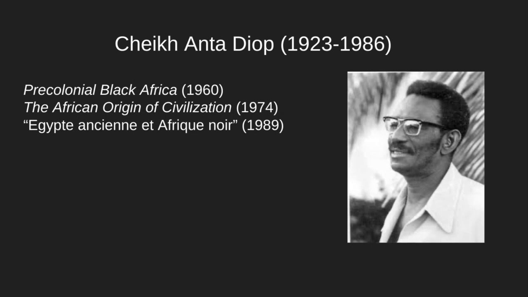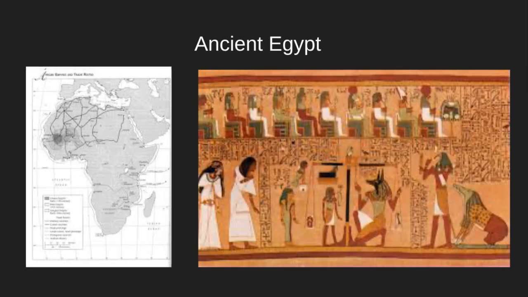The biggest university in Senegal, in Dakar, is named after him, Sheikh Anta Diop University. He was a figure of major significance, and he was the one who first made the argument that West African civilization has a connection to the civilization of ancient Egypt. And I encourage you to learn more about Diop, who's a very interesting and important figure.